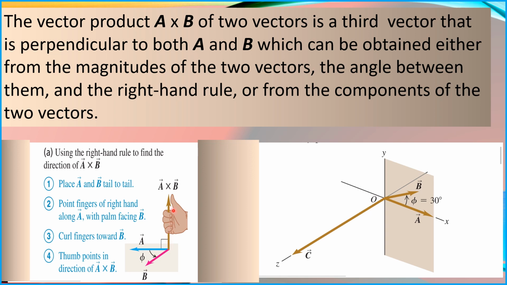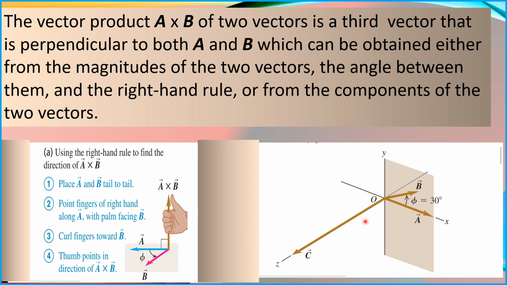So the four fingers, before they are curled, will actually represent the first vector, in this case, vector A, while your right palm will be representing the second vector, in this case, vector B. And then as soon as you curl your four fingers towards your palm, your thumb, therefore, will be pointing towards the vector product or the cross product.